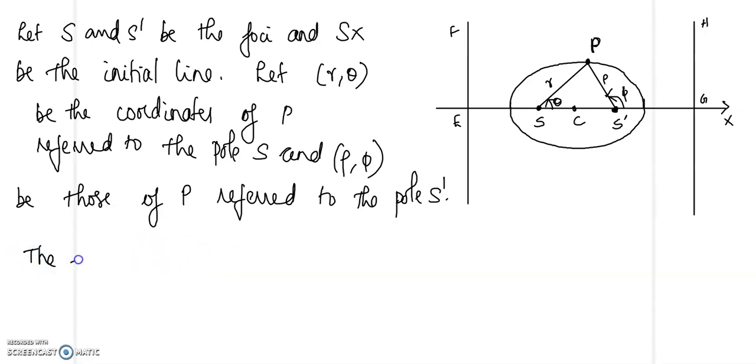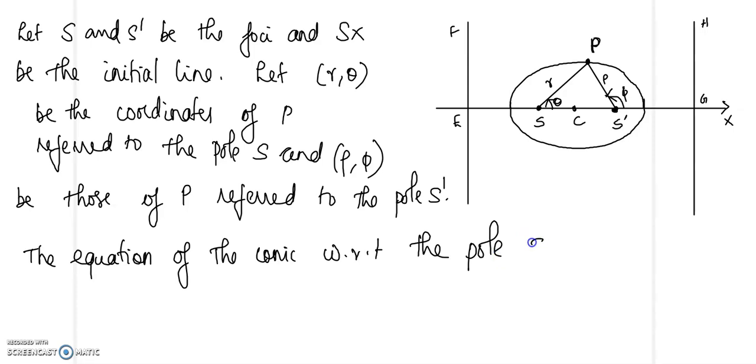So the equation of the conic with respect to the pole S and the directrix EF: when S is the pole and EF is the directrix, we are taking the direction opposite to the initial line.